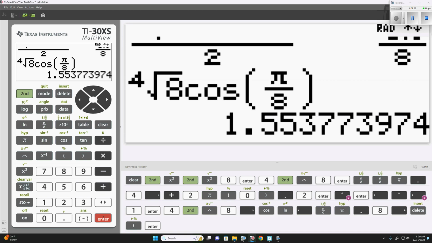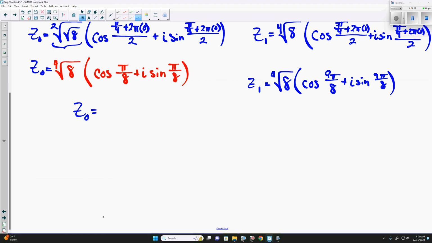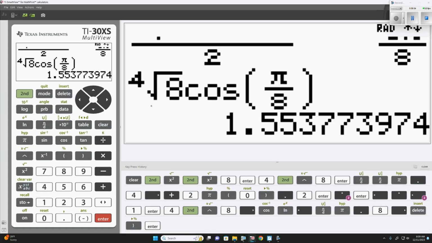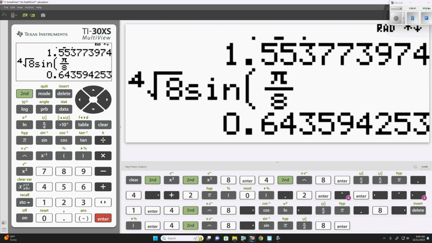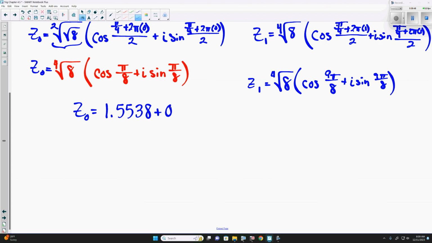So 1.5538. Then we do the same thing for sine of pi over 8. 0.6436. And we can't forget the i.